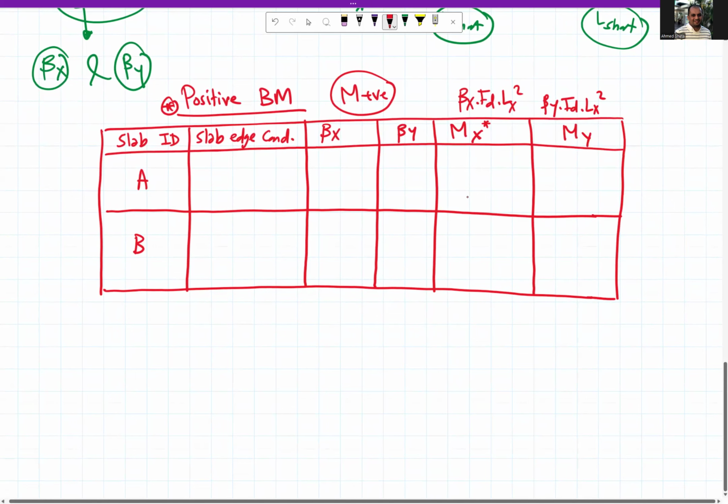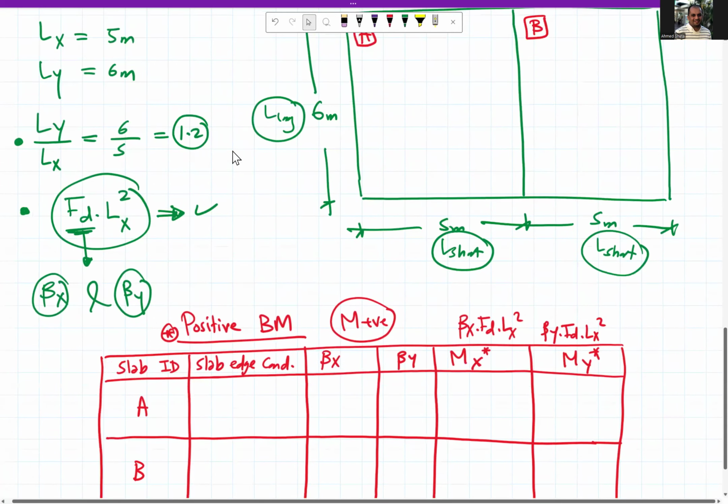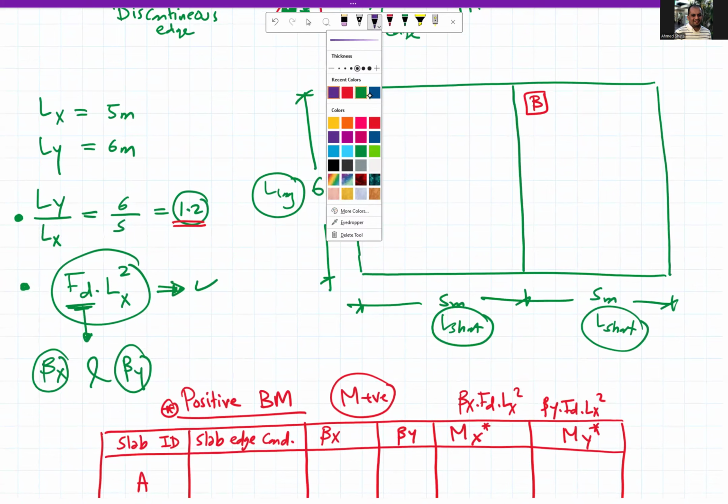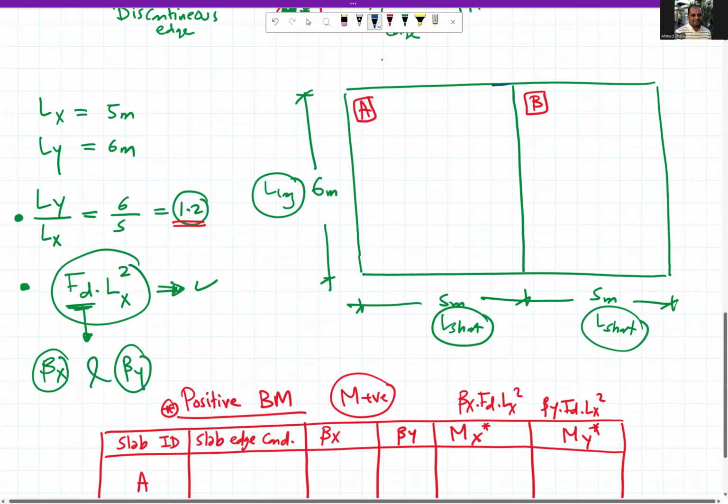My asterisk. So for this problem, our factor is 1.2. And if we look here, the edge condition of this slab, for slab A, we have one edge, two edges, three edges discontinuous.